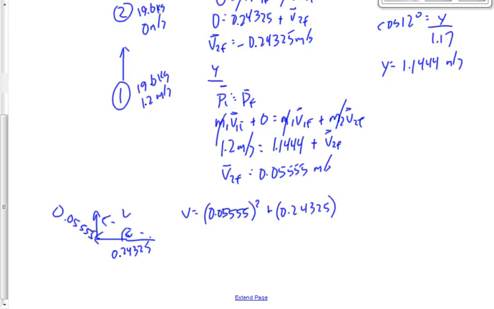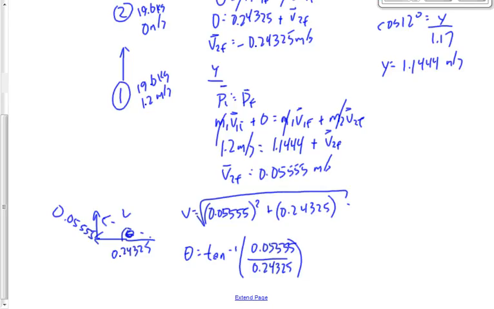This time, Tony's side of the room is going to calculate this, and Tony Ann's side of the room is going to calculate the angle. The inverse tan of opposite over adjacent. Thank you, Zach. 13.4 degrees.